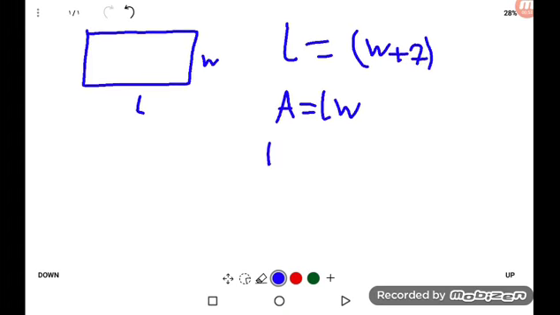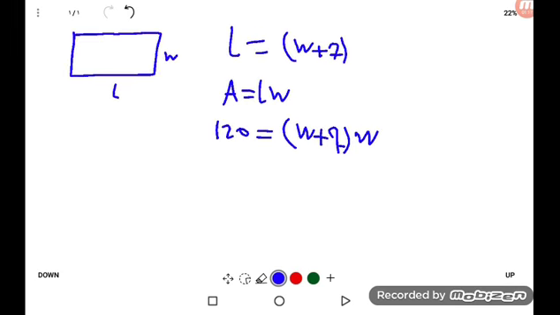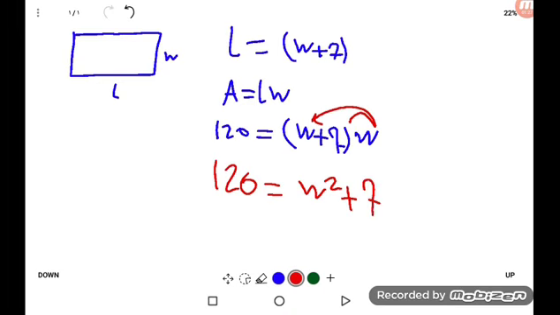So we have the area is 120, equal length, which is W plus 7, times W. Now we multiply W by 7 and by W. So 120 is equal W square plus 7W.